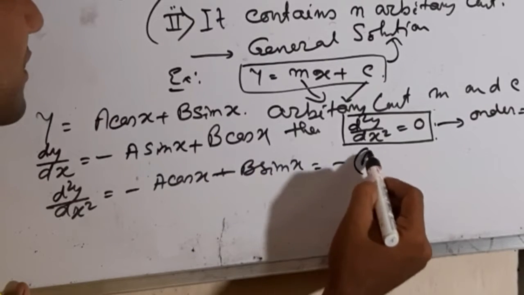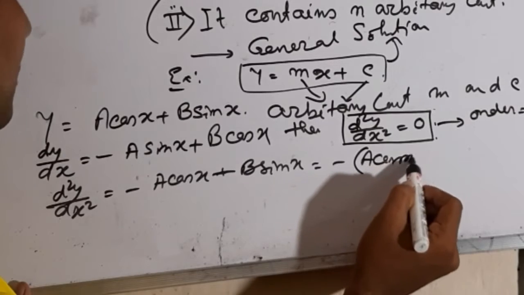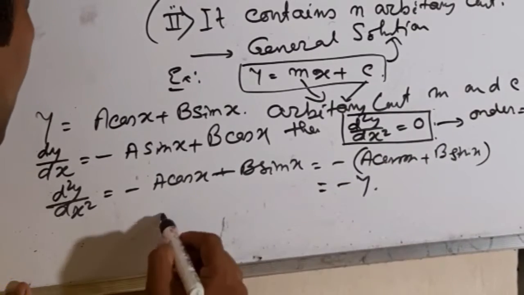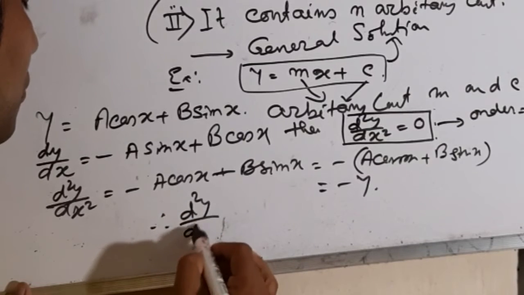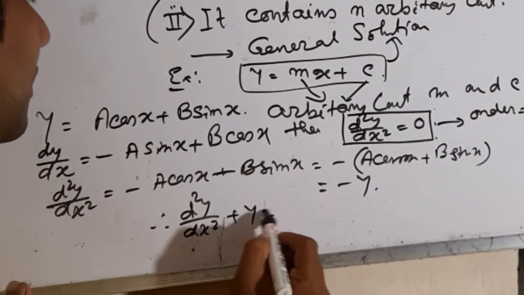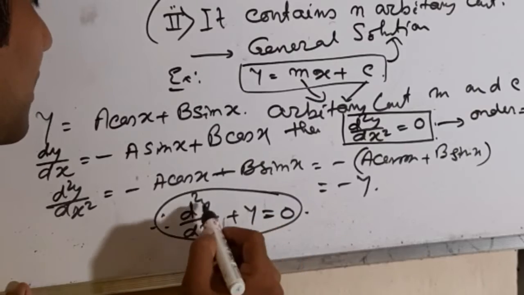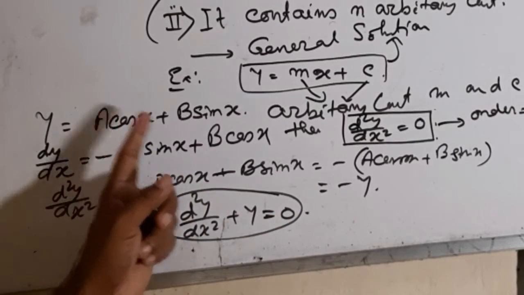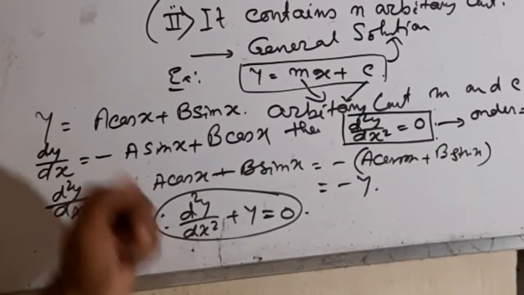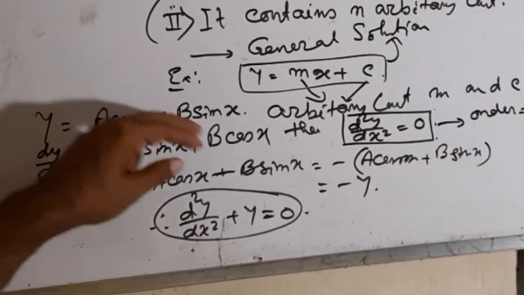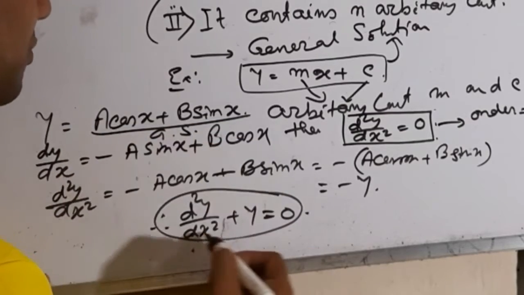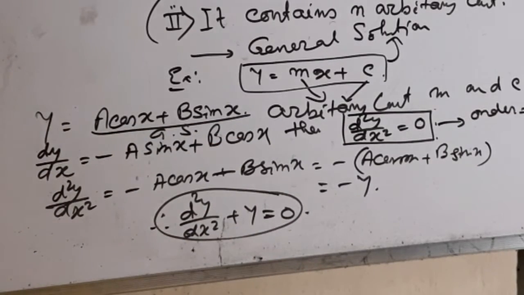That means minus (a cos x plus b sin x), that means minus y. Therefore d2y/dx2 plus y is equal to 0. So its order is 2, and a and b are two arbitrary constants. Then you can say that y is equal to a cos x plus b sin x is a general solution of the differential equation d2y/dx2 plus y is equal to 0.